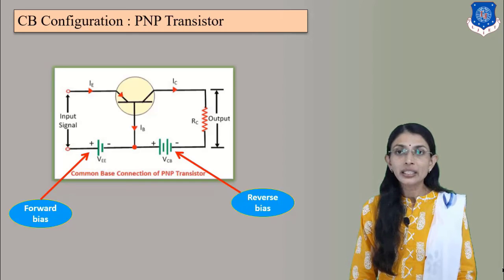So according to this connection, we can also draw the input and output characteristics same as NPN transistor. CB amplifier is used as a pre-amplifier circuit in most of the electronic circuit diagrams.